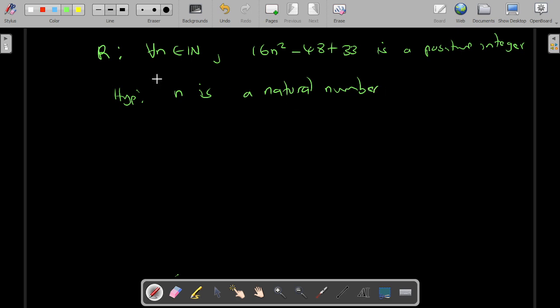I hope that is clear. Then our goal is to show that P implies Q is a true proposition. Having shown that P implies Q is true, our conclusion would be that Q is true. This is the way we're going to proceed.